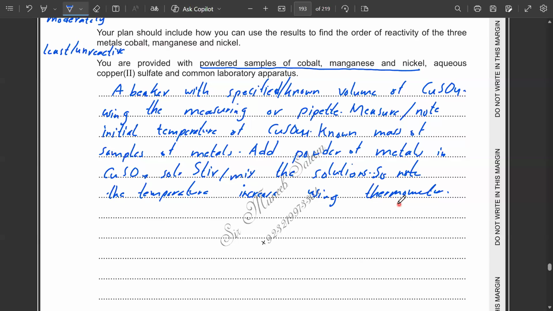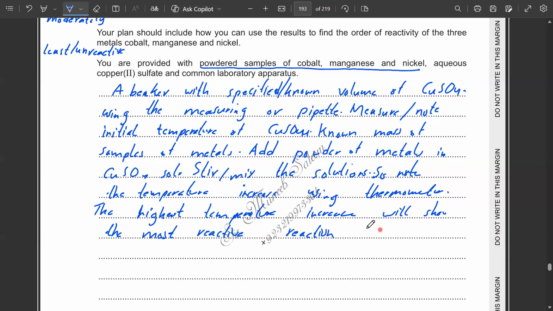After noting that, the highest temperature increase will show the most reactive reaction between the metal and the copper sulfate solution.